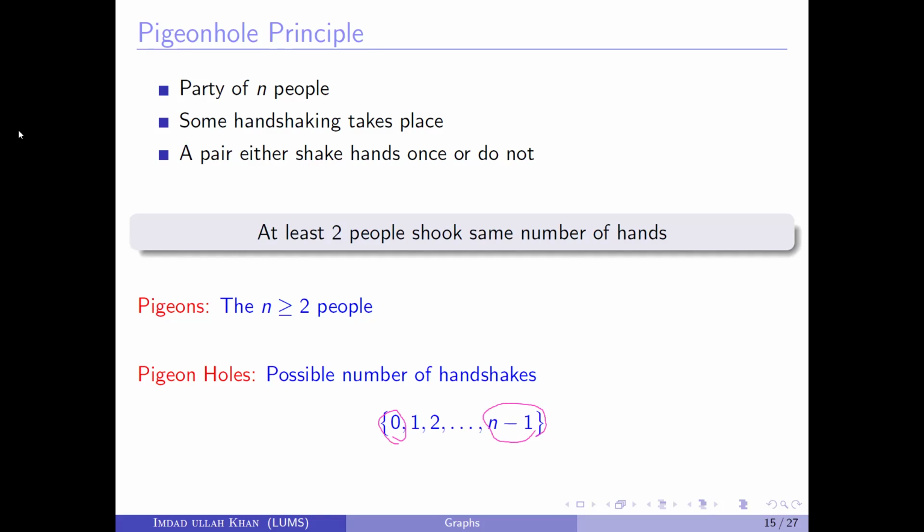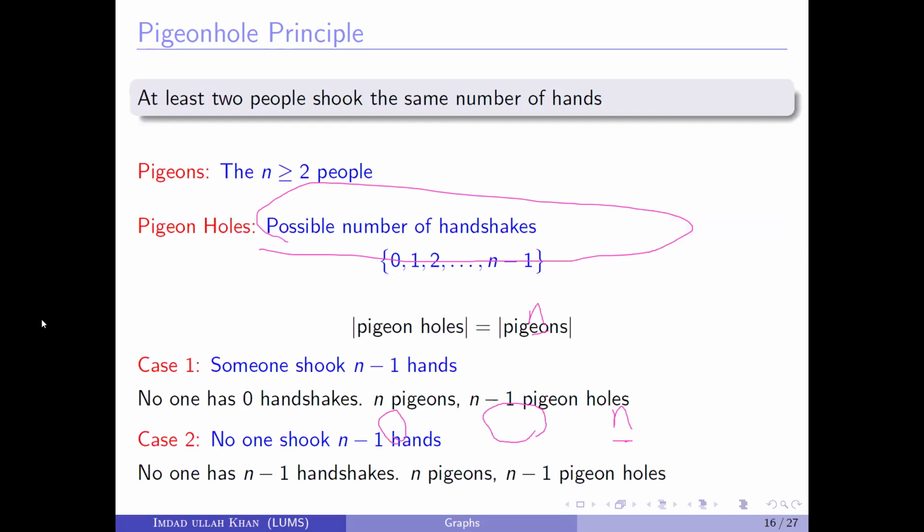Over here, the possible number of handshakes is also n, and the number of people, which are the pigeons, is also n. By just looking at these two facts, we can't really demonstrate the claim that at least two people shook the same number of hands, because both of them are the same. Each person might have a different number of handshakes. So let's look at whether that is possible or not.